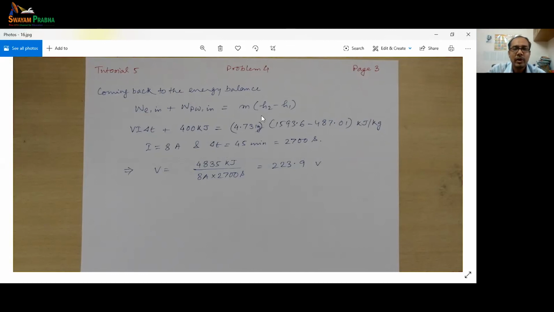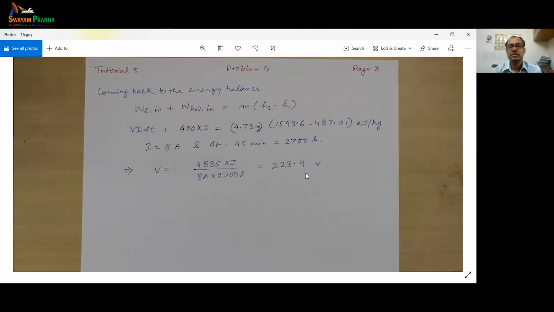So we know everything in this equation except the voltage, which by solving the algebra we can find to be 223.9 volt.